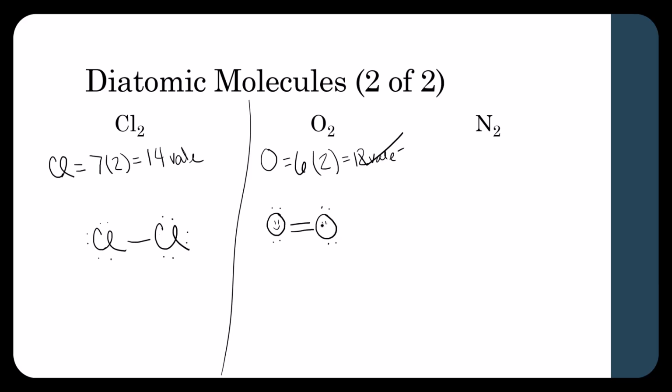So now he is happy. This is what we call a double bond. In that double bond, these 2 atoms are sharing 4 electrons instead of just 2. And we depict double bonds with 2 lines. So knowing this information, why don't you see if you can draw the Lewis structure for nitrogen?